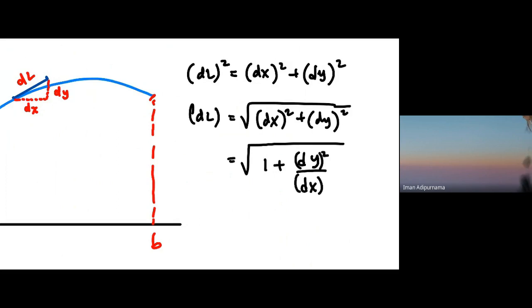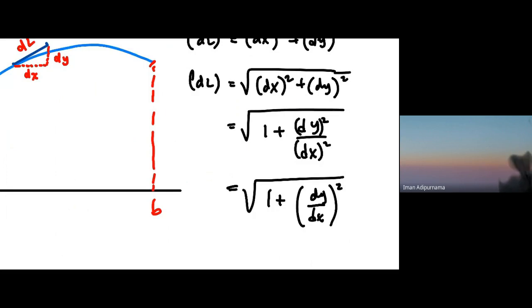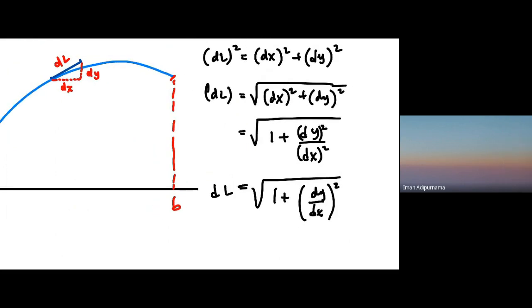And we can rewrite this as dl equals the square root of 1 plus (dy over dx) squared, times dx. We can write it like that. And how do we take this into our measurement? We are going to use the integral. That's just a brief intro. I will explain later.